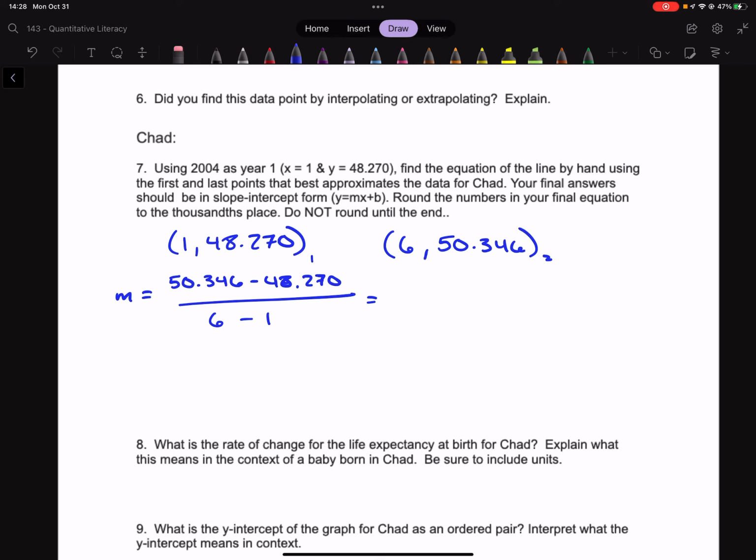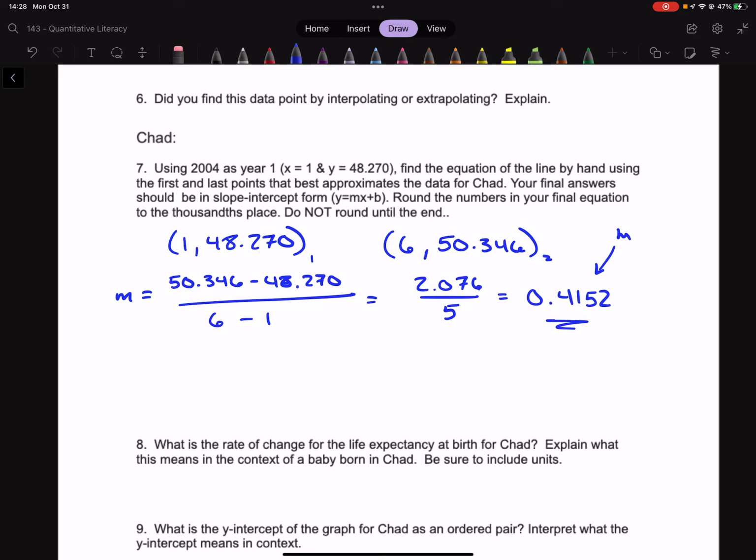We're going to take 50.346 and we're going to subtract 48.270. All right, that ends up being 2.076. I'm going to divide that by 5. And what you notice is the life expectancy increase for Chad is half that of Tanzania. So Tanzania already started at a much higher level, well, relatively to our graph, what it looks like, a higher year, and then it also increases by twice as much as Chad.